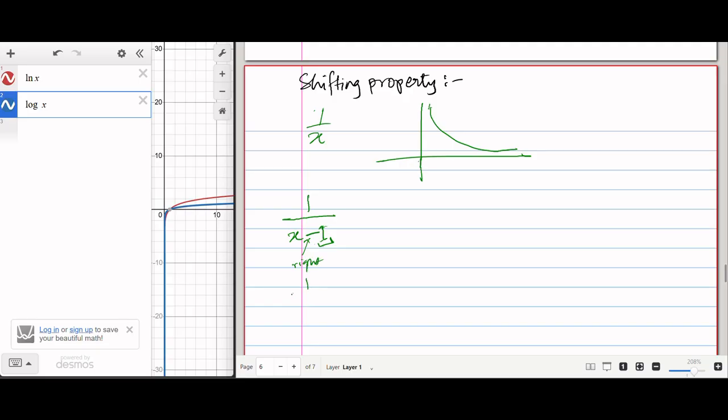If we had written x plus 1, we'll shift the curve towards the left by 1 unit. So x plus 1 would look like this, and x minus 1 would look like this. Sorry, let me correct it a little bit. It will look similar but like this. This is 1 by x, this is 1 by x minus 1, and this is 1 by x plus 1.